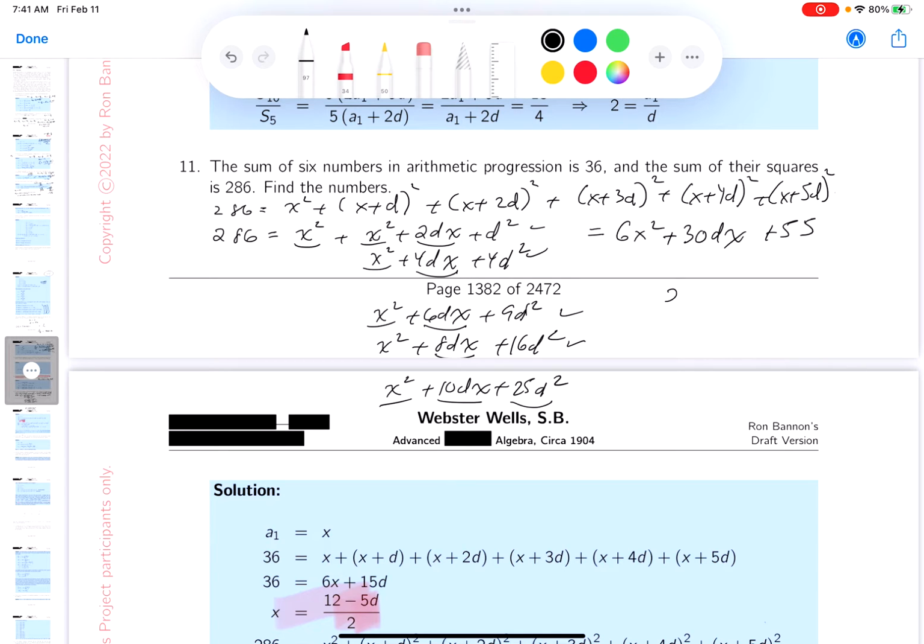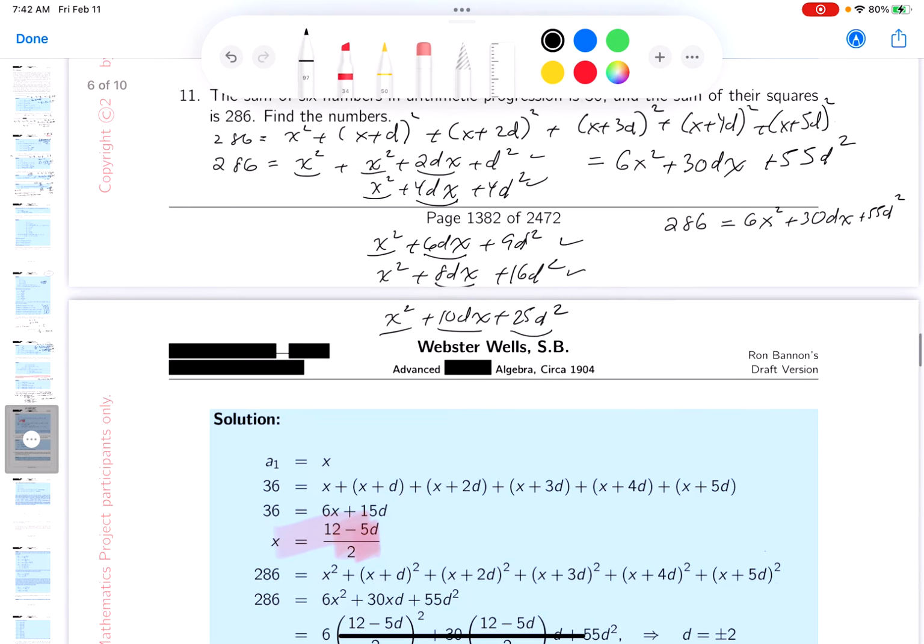I got 286 equals 6x squared plus 30dx, plus 55d squared. Now what I want to do is look at the key and see if that's written down somewhere. And it is, right over here.